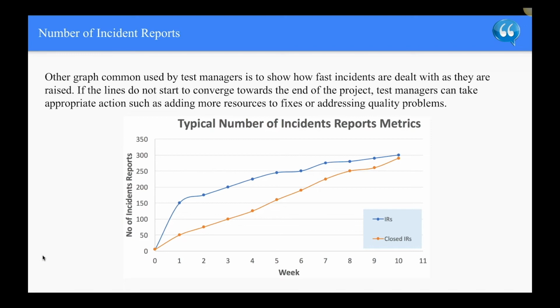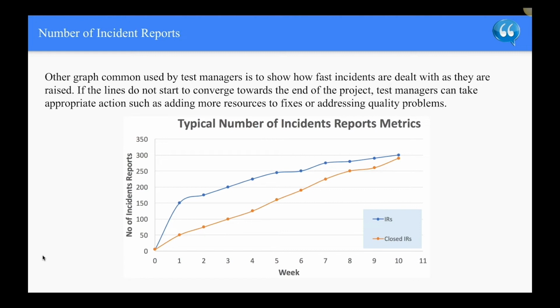Number of incident reports. Another graph commonly used by test managers is to show how fast incidents are dealt with as they are raised. If the lines do not start to converge towards the end of the project, test managers can take appropriate actions such as adding more resources to fixes or addressing quality problems.